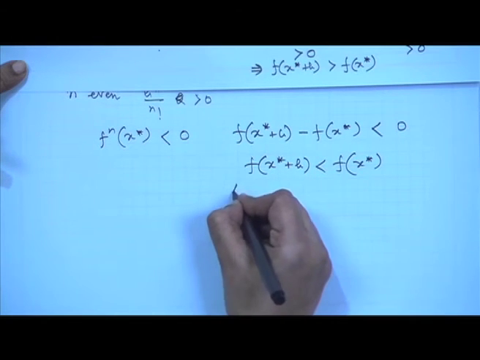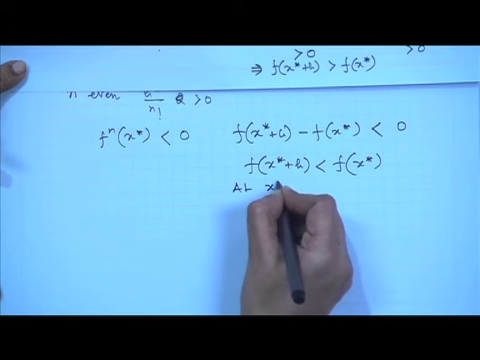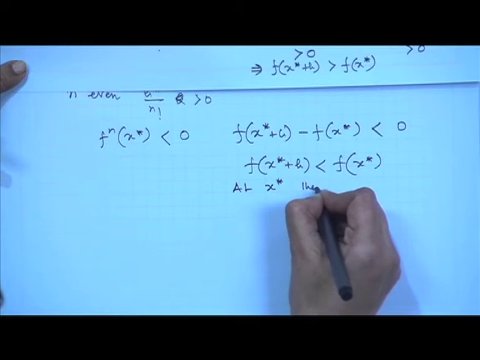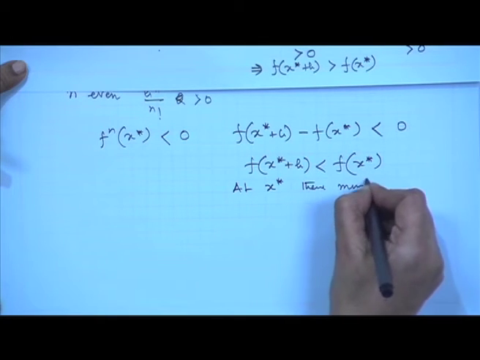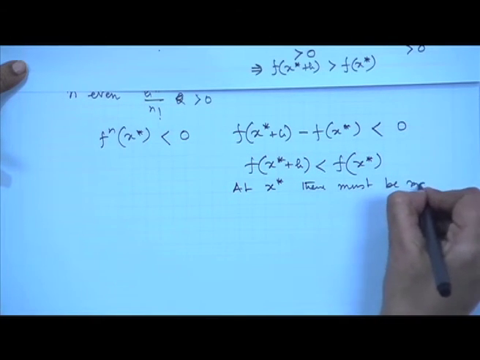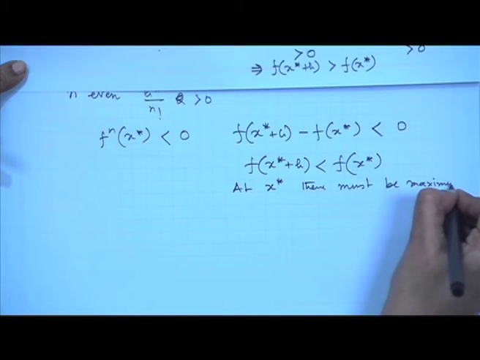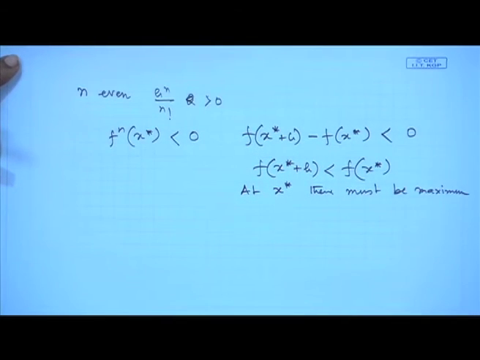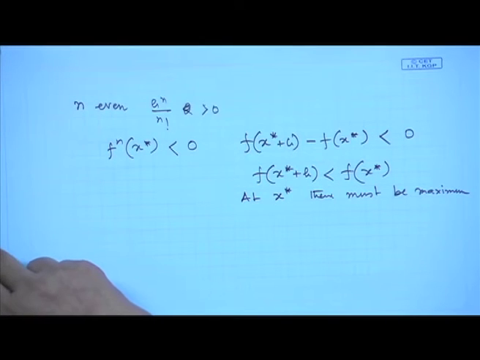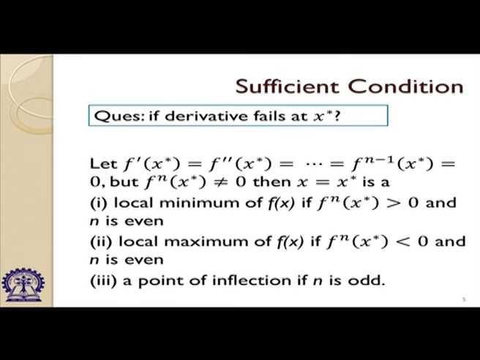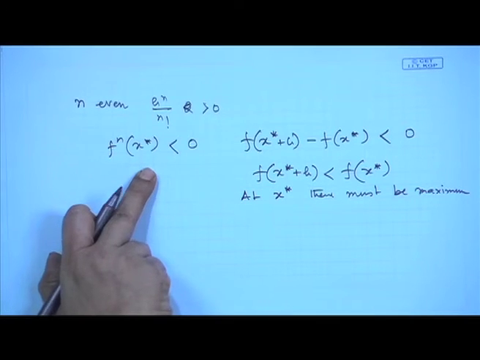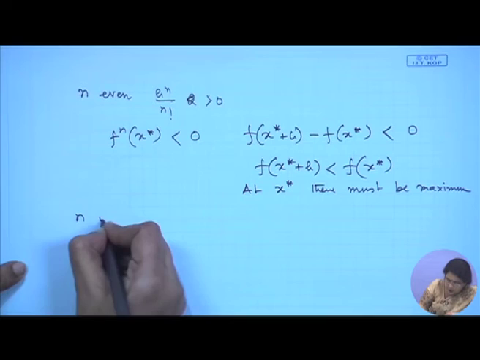From there we can conclude that at x star there must be a maximum. All right. This way we reach the second condition of the sufficient condition. We are having the local maximum of f(x) if f^n(x star) is less than 0 and n is even. Now, what will happen if n is odd?